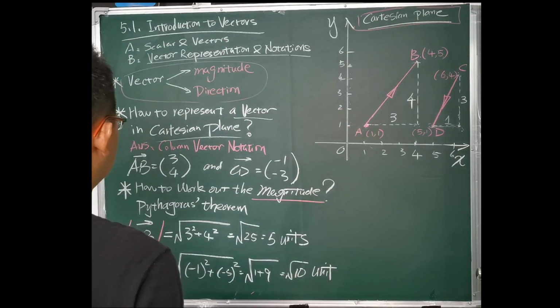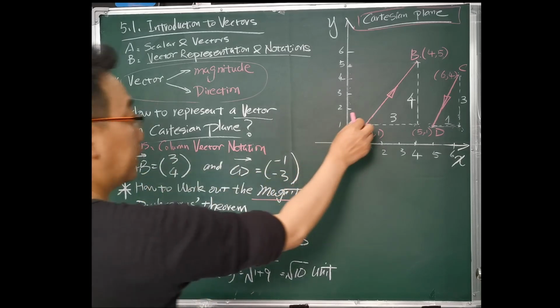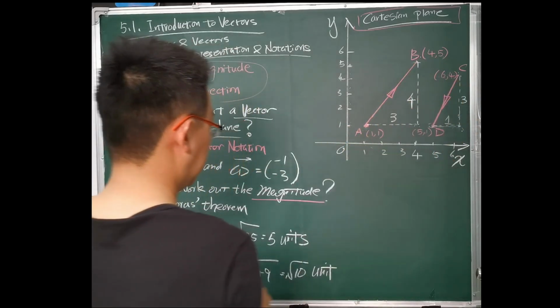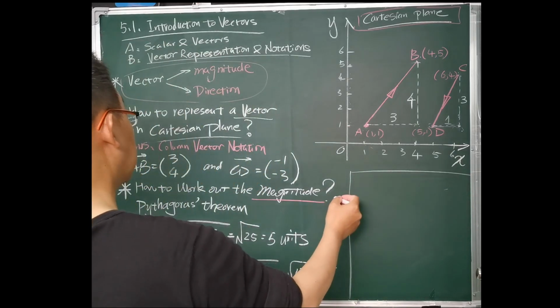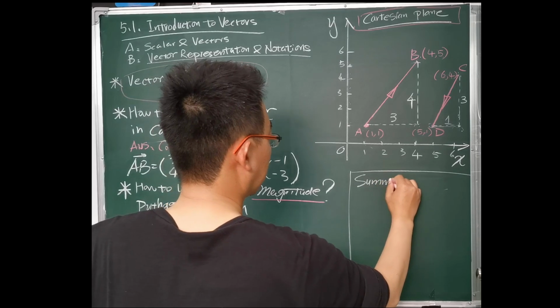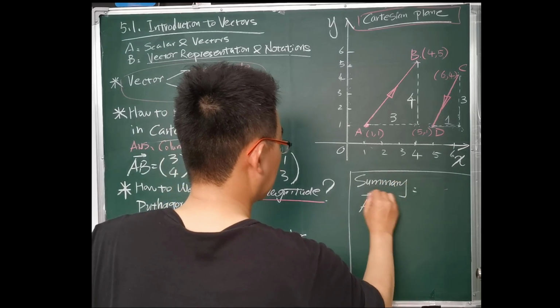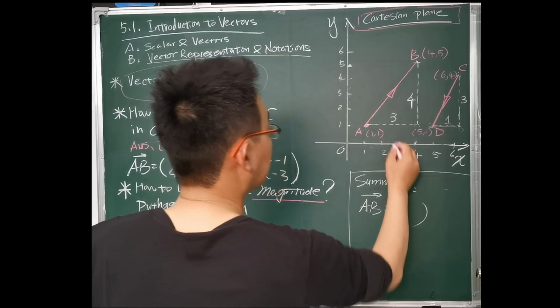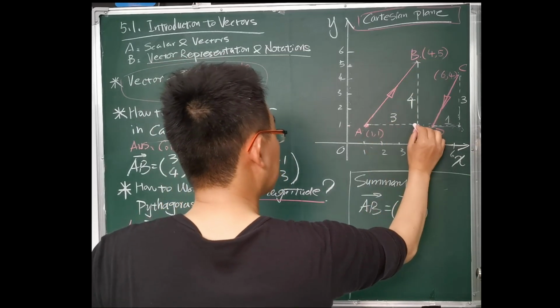So in this case, in all this Cartesian plane, we can use the column vector to represent A to B and C to D, right? Okay, to summarize: A to B, we go 3 to the right and 4 up.